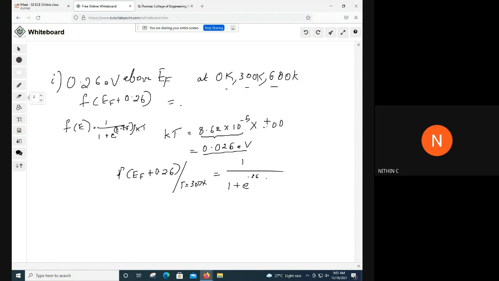So I change this as 600 Kelvin. So what will be the difference?